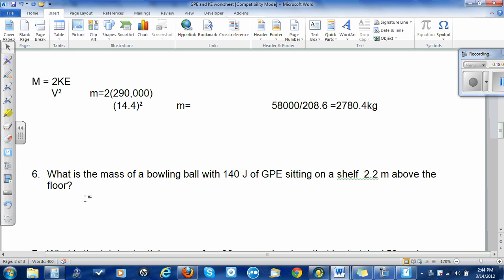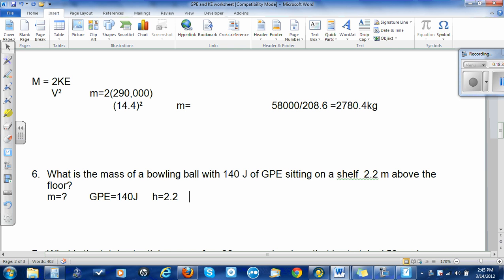What is the mass of a bowling ball? So M equals what? We always want to convert it to M equals what? And our GPE equals 140 J. Sitting on a shelf, the H equals 2.2.